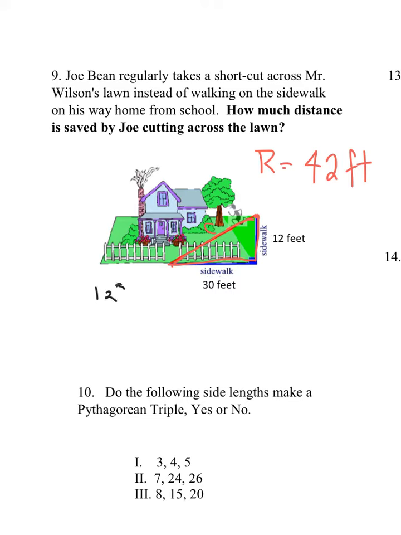It's 12 squared plus 30 squared equals c squared. And type that into your calculator. Type 12 squared plus 30 squared equals 1,044.